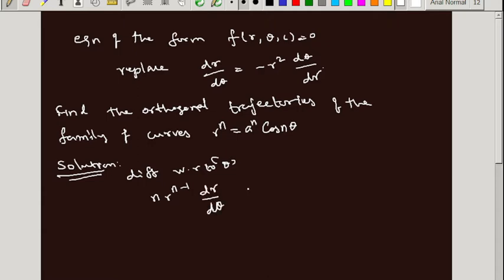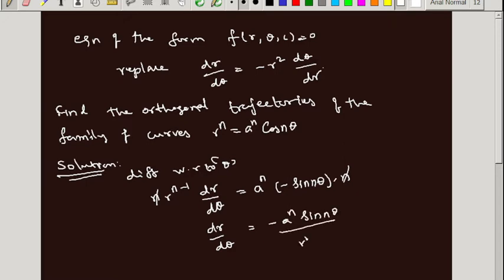We are getting dr by d theta equal to a power n is constant, cos n theta gives minus sin n theta into n. Here we can cancel n. We write this as dr by d theta equal to minus a power n into sin n theta dividing by r power n minus 1.